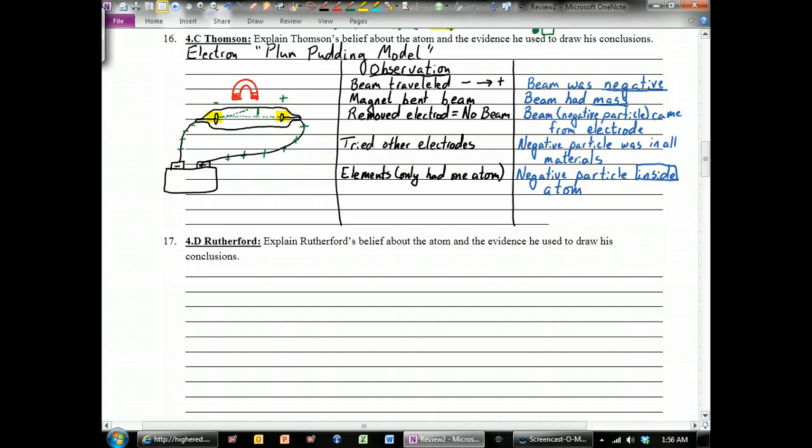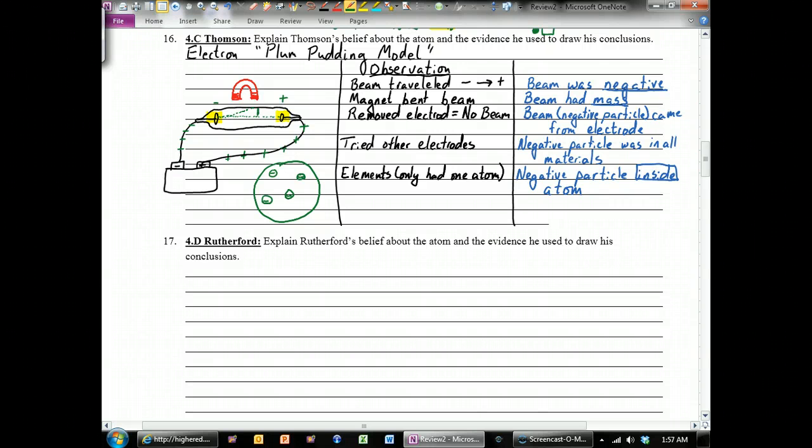If there is a negative particle coming from inside the atom, he thought that the atom looked like this, where there's a circle similar to Dalton's, and this represented the atom. But he thought that there were these little tiny negative particles inside there, and these negative particles were able to leave.